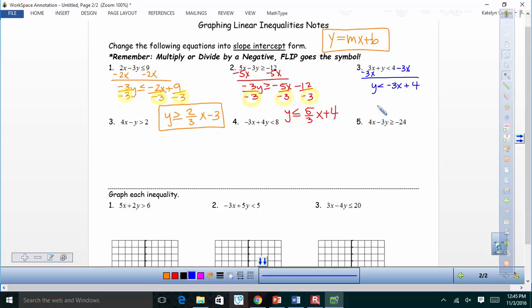Now, do I have to do anything to get y by itself? Nope, it is already by itself. So this would be our answer. All right, questions there? No? Okay, then let's look at graphing some.